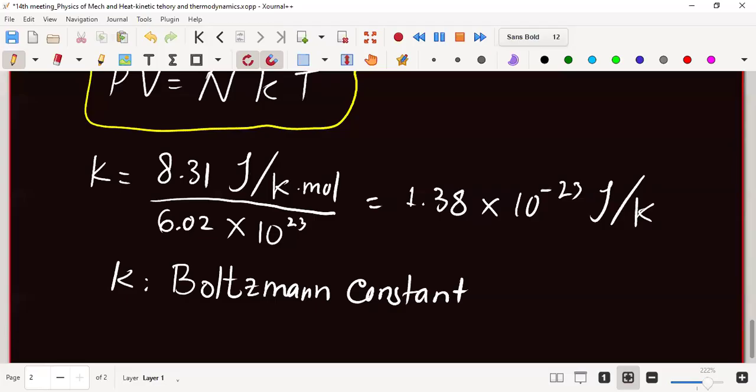Okay, then we can continue to the work done by an ideal gas at a constant temperature.